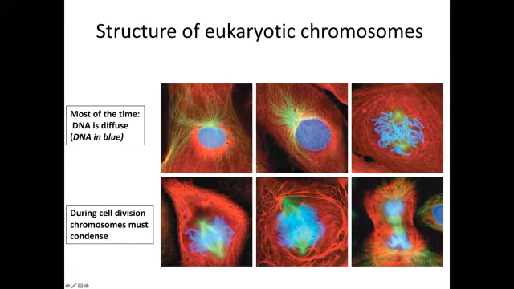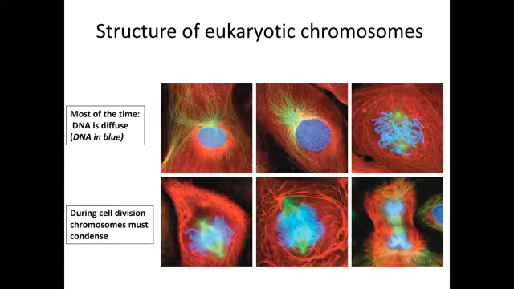So in this particular series of images, there's a particular DNA stain known as DAPI, which stains DNA. Most of the time, cells would look like this, and so here's the nucleus, and you can see that most of the time the DNA is diffuse.